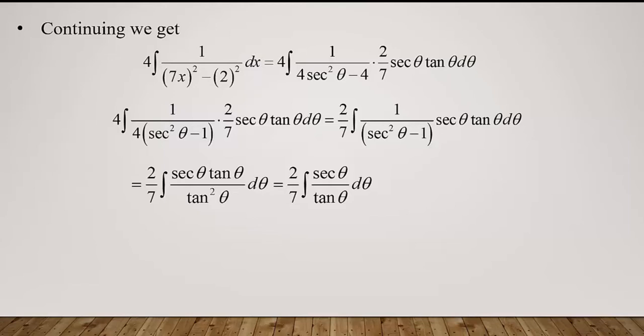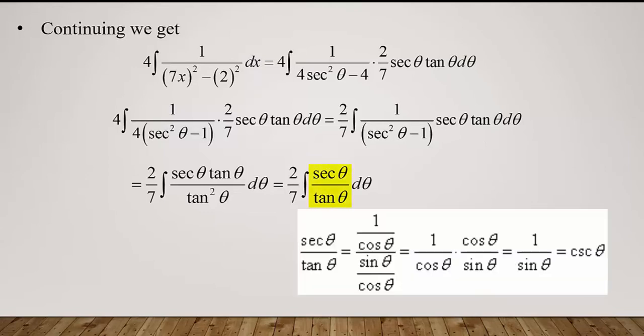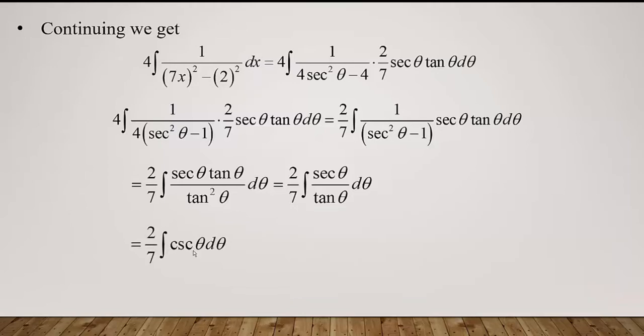Now, this integrand, secant theta over tangent theta: secant theta is 1 over cosine, tangent theta is sine over cosine. So 1 over cosine over sine over cosine simplifies to 1 over sine, which is cosecant theta. So the secant theta over tangent theta simplifies to cosecant theta d theta.